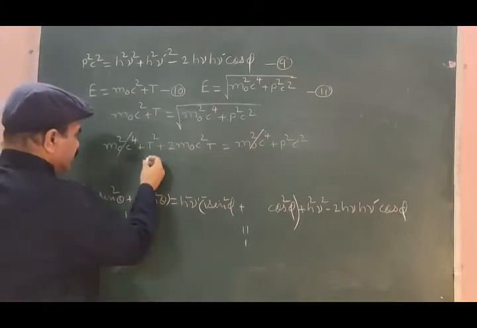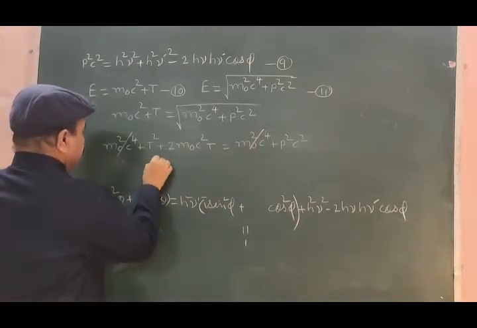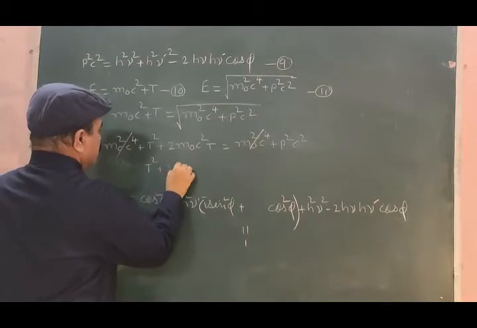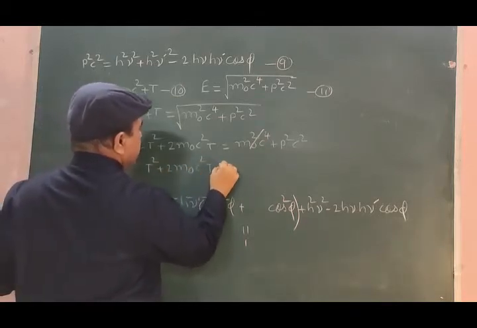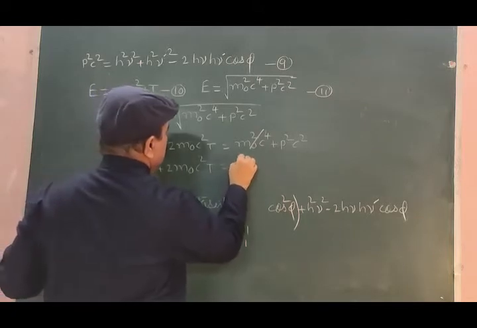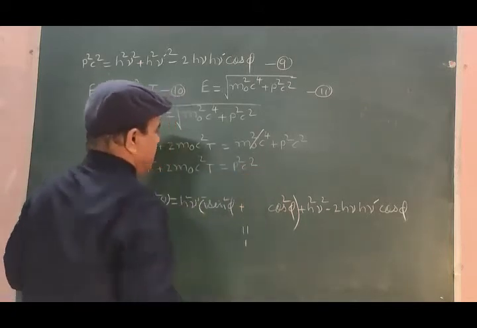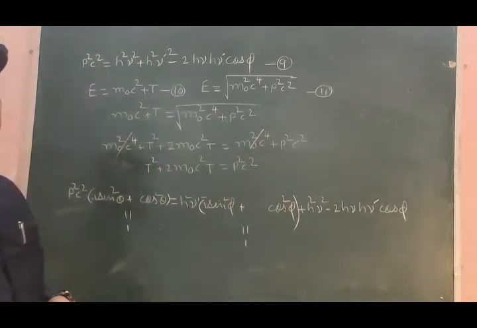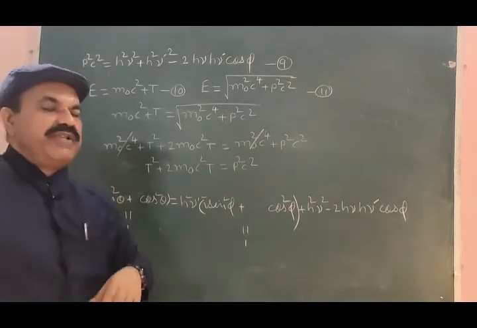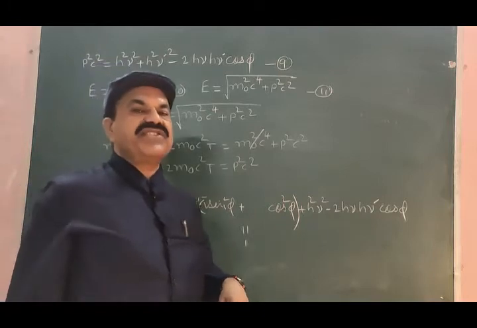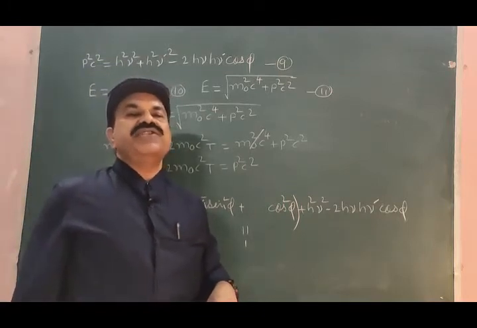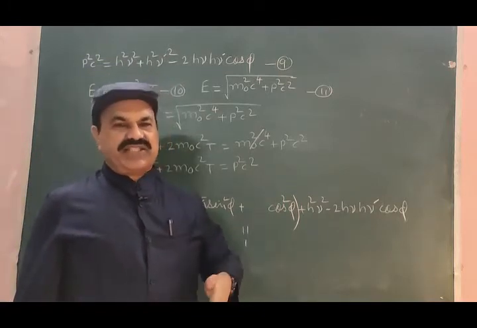And what is left is this: T square plus 2 m0 c square T is equal to p square c square. Try to recall equation 1. Equation 1 is T is equal to h nu minus h nu dash.